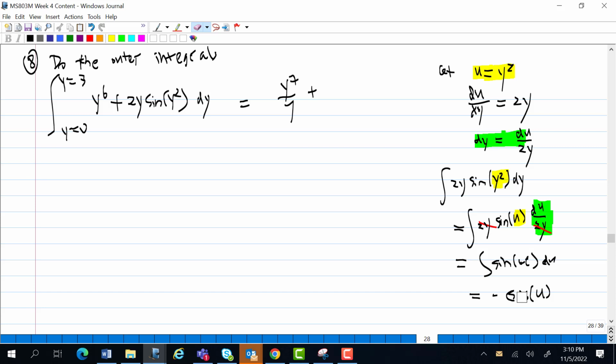And you put the u back, u is y squared, so it's minus cosine y squared plus c. So this is minus cosine y squared, then y from 0 to 3.